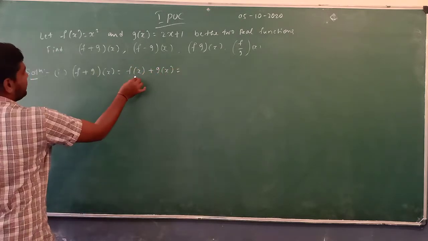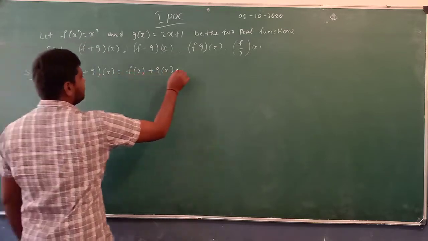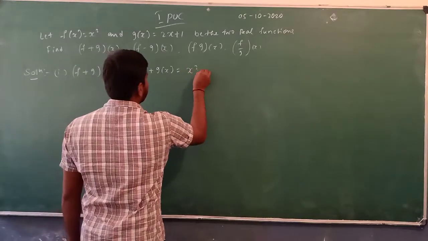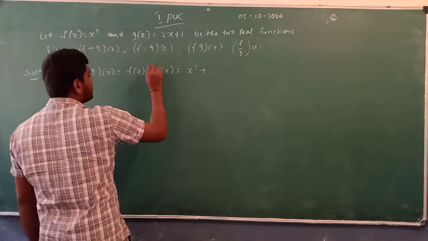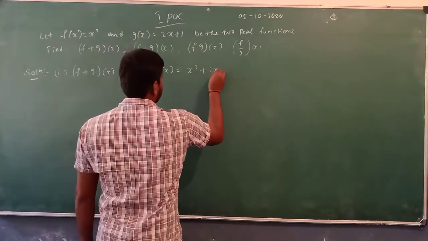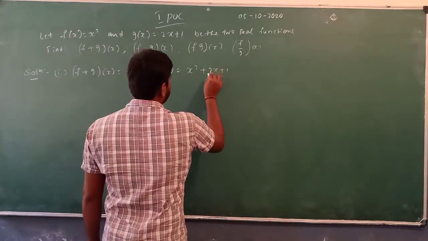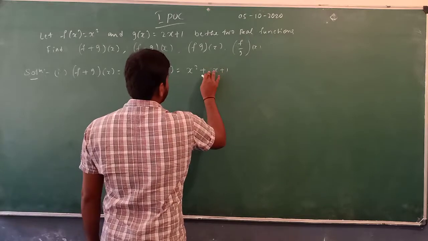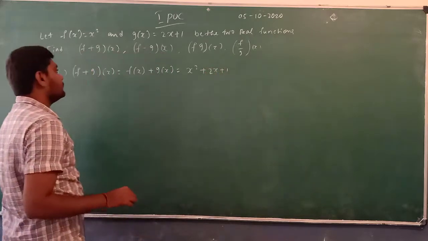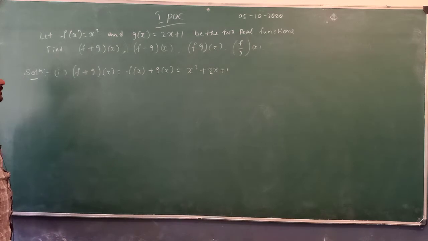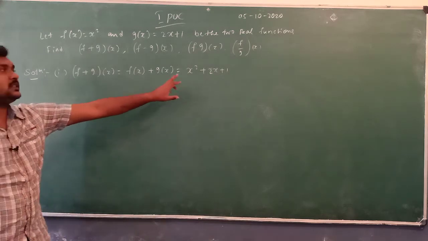What is the value of f(x)? f(x) is nothing but x square, so it is x square plus, what is the value of g(x)? That is 2x plus 1. So (f plus g)(x) is f(x) plus g(x), which is x square plus 2x plus 1.